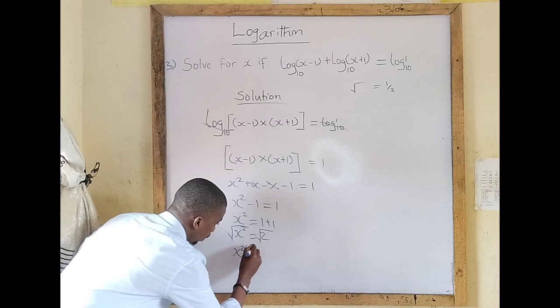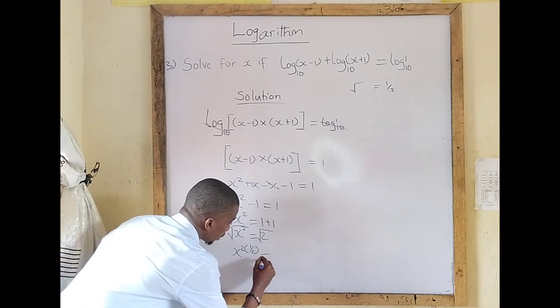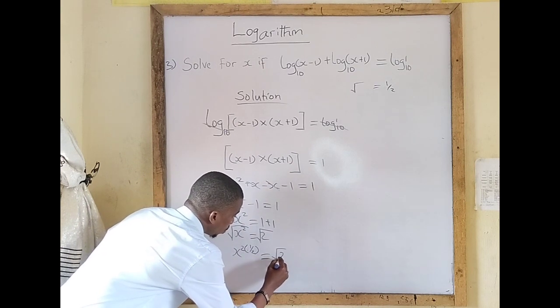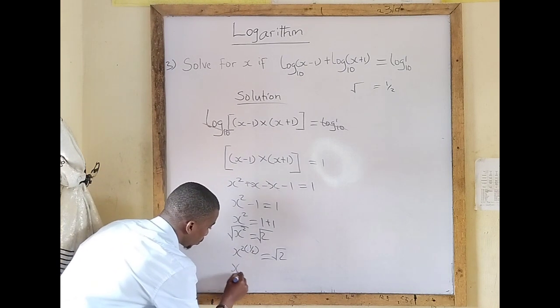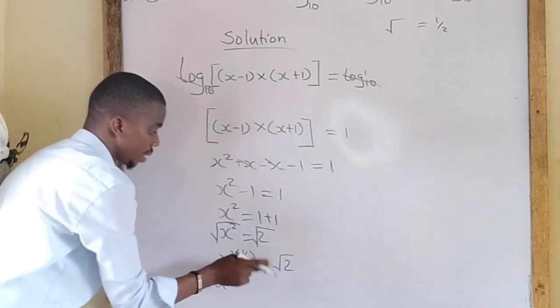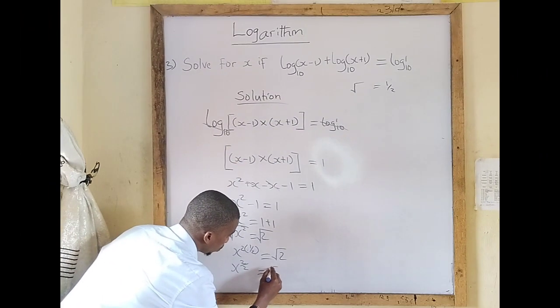Then 2 times a half, we have 2 all over 2, and this is equal to root 2.